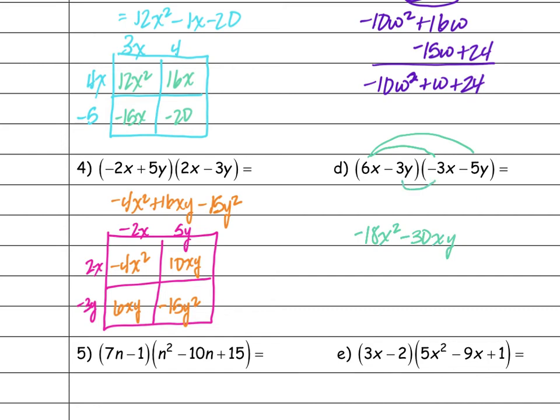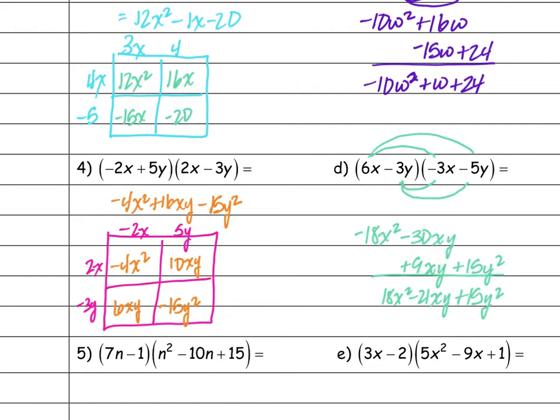Negative 3y times negative 3x is positive 9xy. And negative 3 times negative 5y is positive 15y squared. Add my like terms together and I get 18x squared minus 21xy plus 15y squared. Nice job, you guys. The two of you who are putting answers in the chat box.